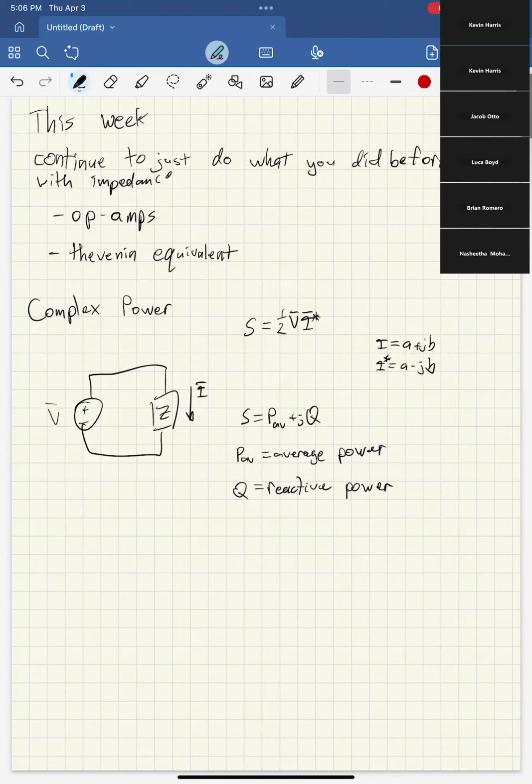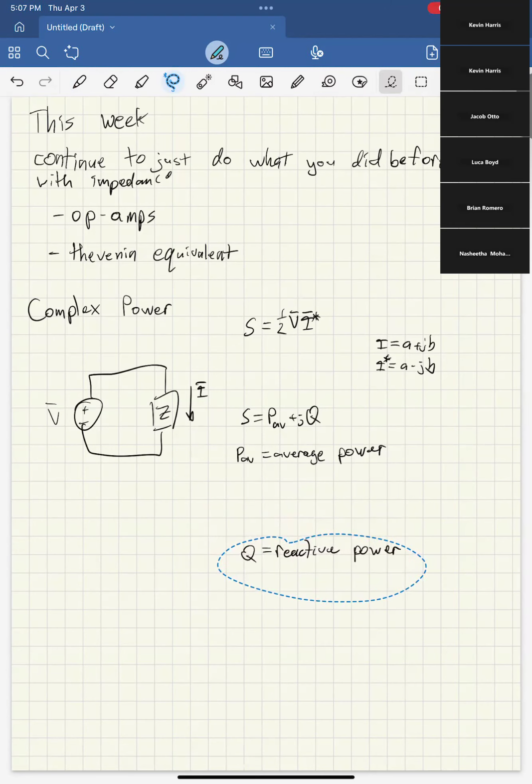Okay, and then there are some other ways you can write this. I'll write a couple different ways to write each of these. So P average is that, but it's also, this is just from the textbook, V RMS times I RMS times the cosine of the phase of the voltage minus the phase of the current.